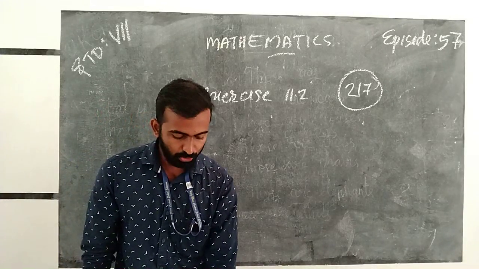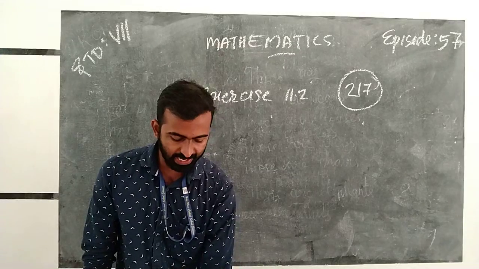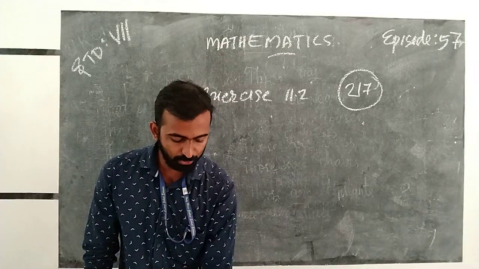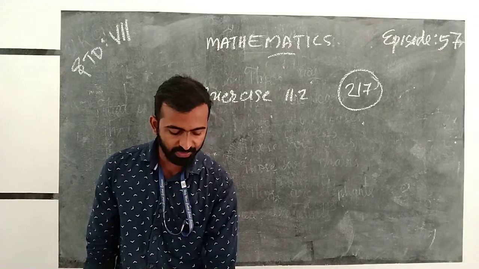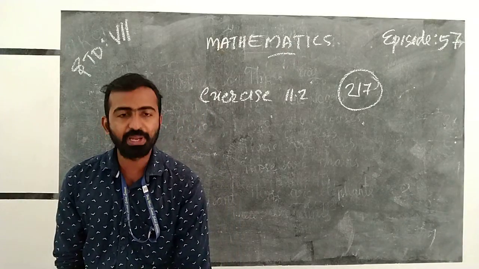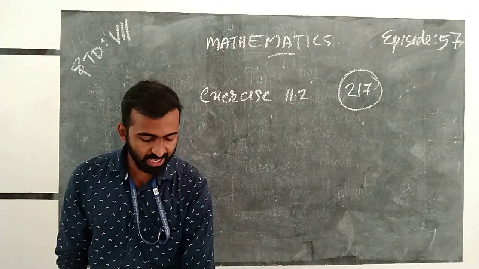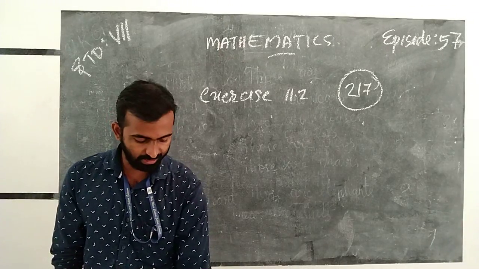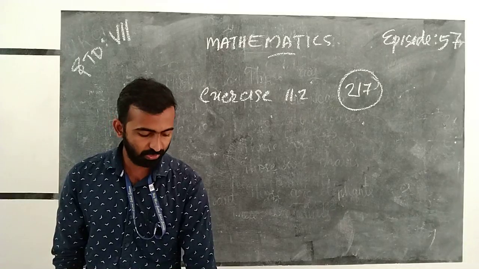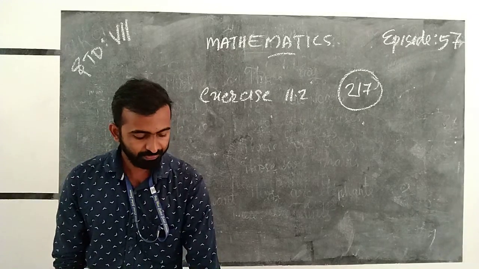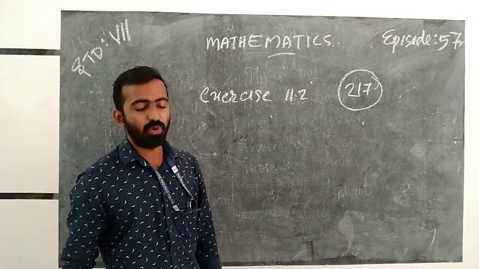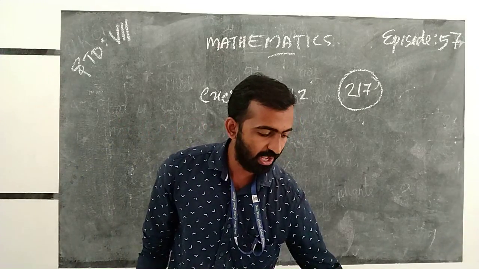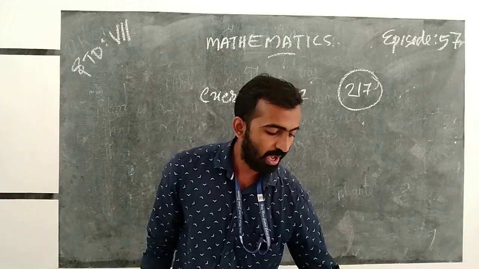QM is the height from Q to SR, and QN is the height from Q to PS. If SR equals 12 centimeter and QM equals 7.6 centimeter, then find the area of the parallelogram PQRS.